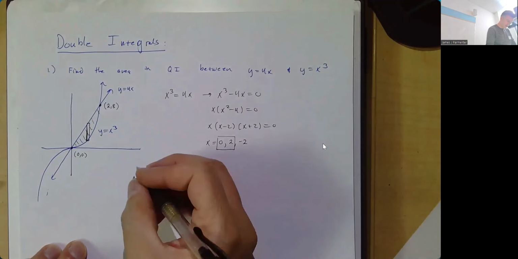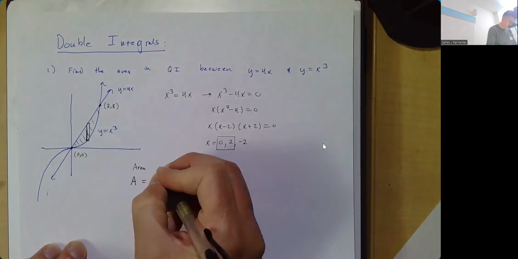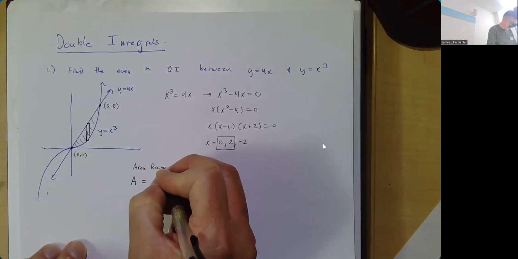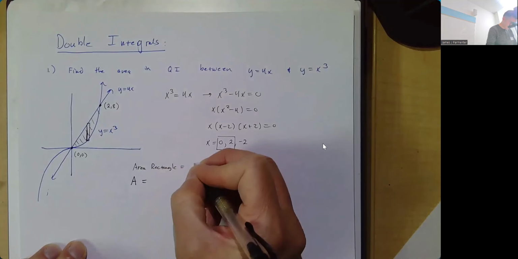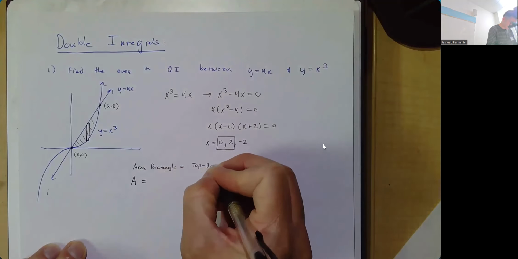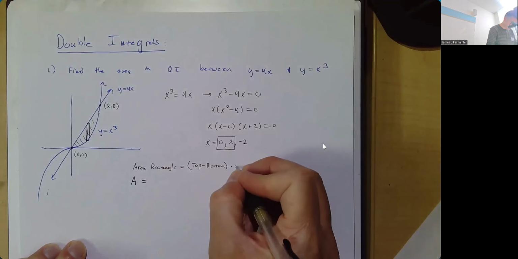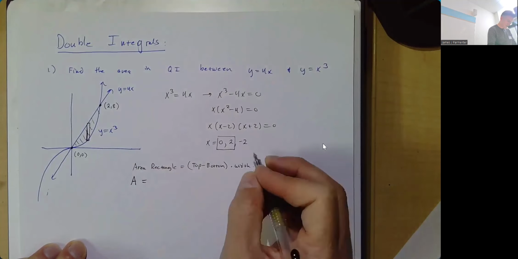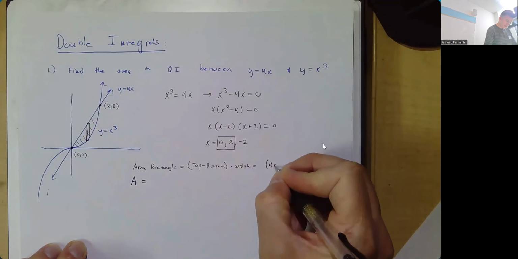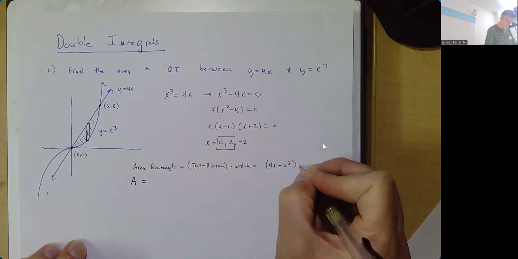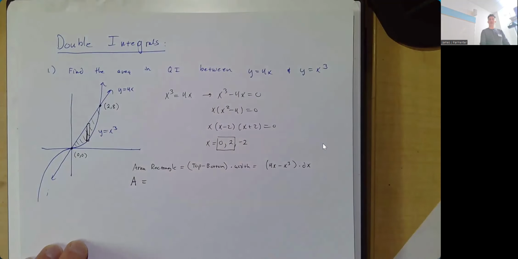So the area of the rectangle is the top function minus the bottom function times the width, which in this case ends up being 4x minus x cubed times dx.